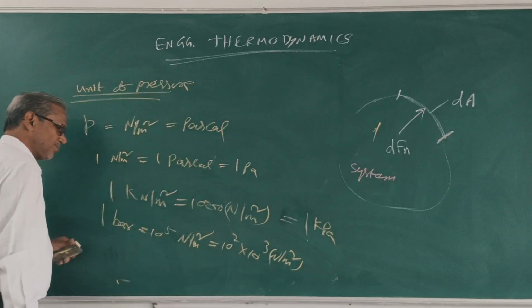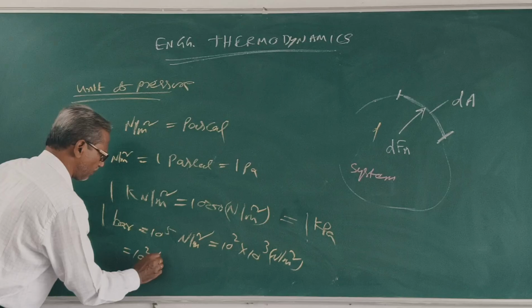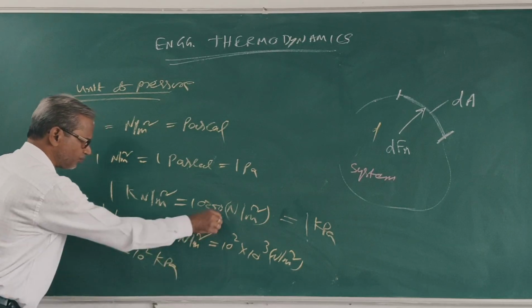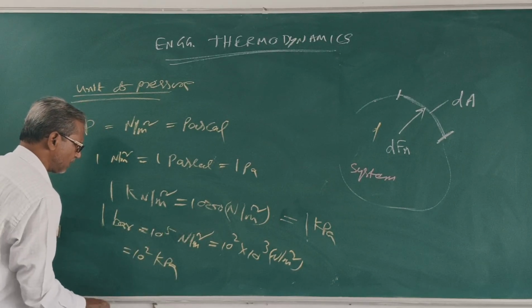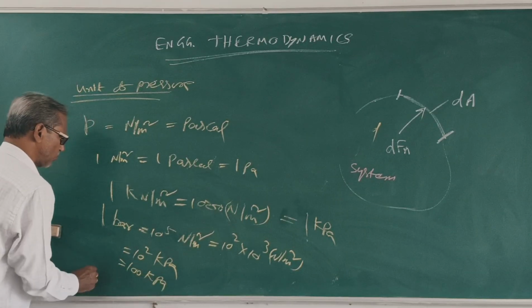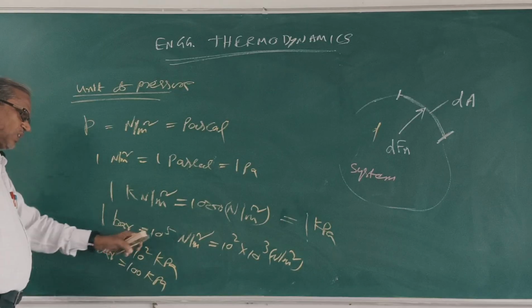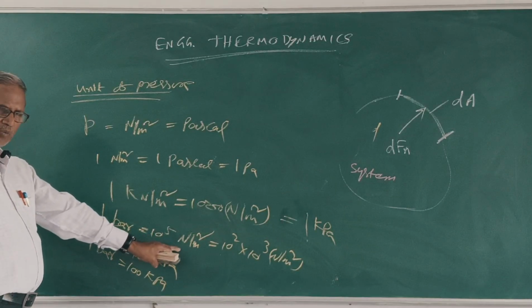Clear? This is equal to 10 to the 2 kilopascal, that is, 100 kilopascal. So 1 bar is equal to 100 kilopascal or 10 to the 5 Newton per meter square.